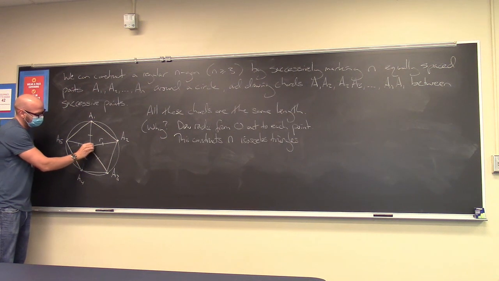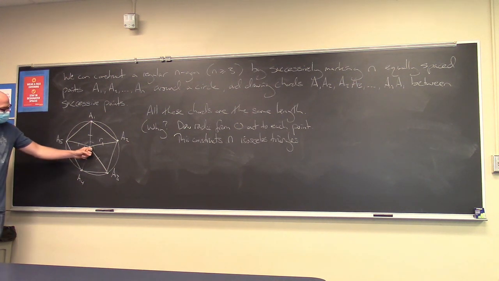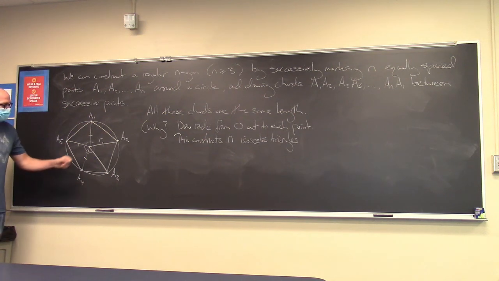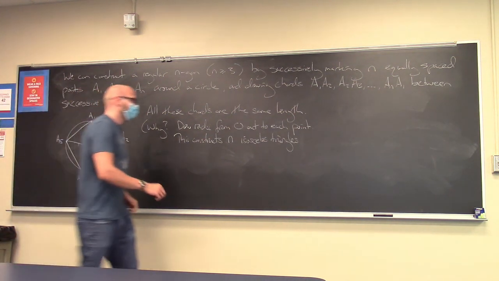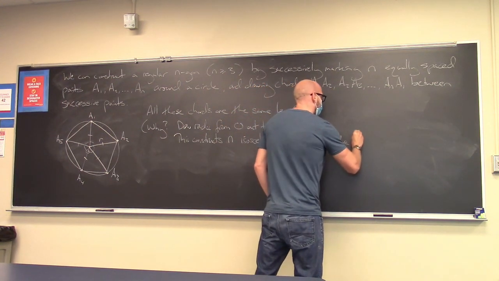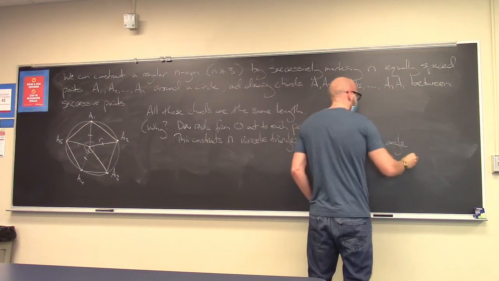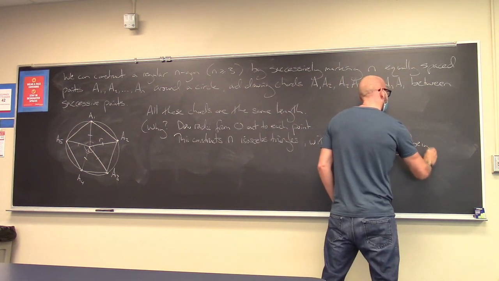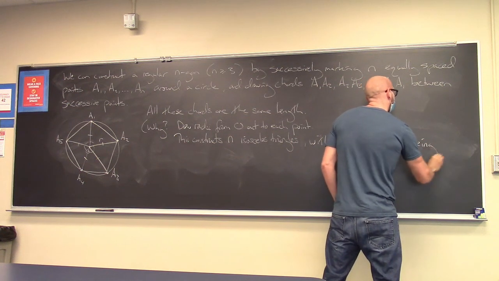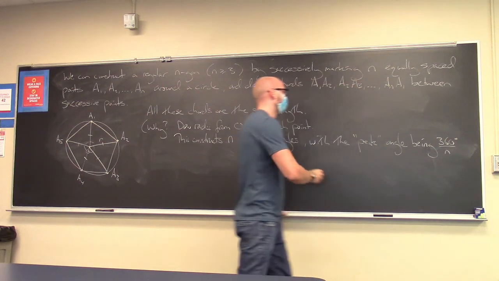Well, all of those angles must be the same, right? In fact, what is this angle right here? 360 divided by n, right? Or divided by 5 in this picture. So this constructs n isosceles triangles with the peak angle, the angle at the top, being 360 degrees divided by n for each of them.